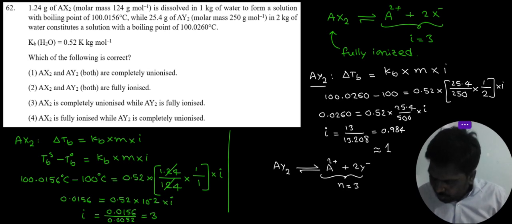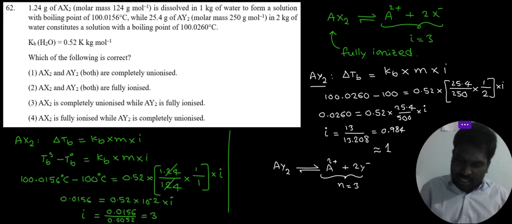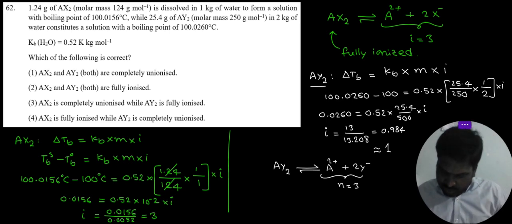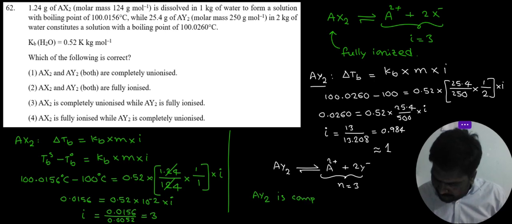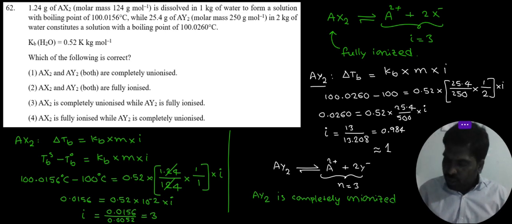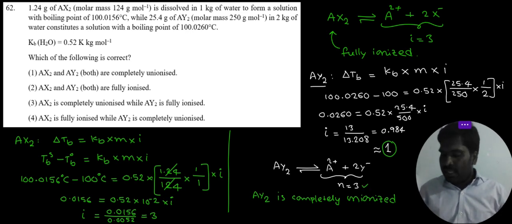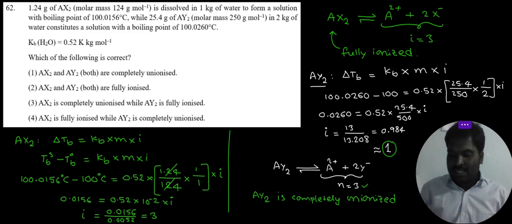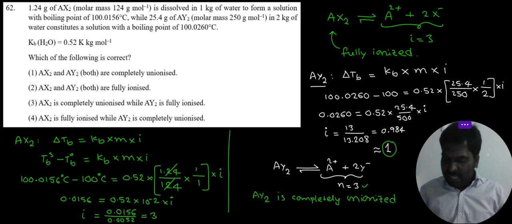But the Van't Hoff factor here is 1. That means it is completely unionized.